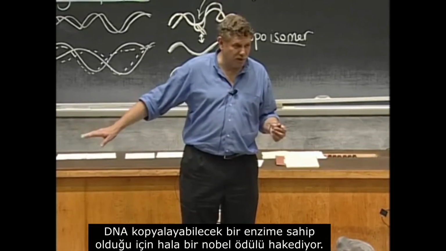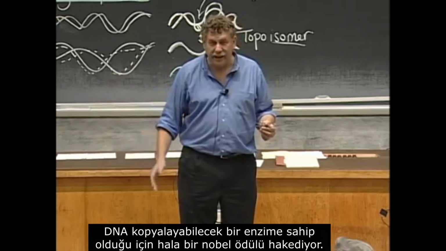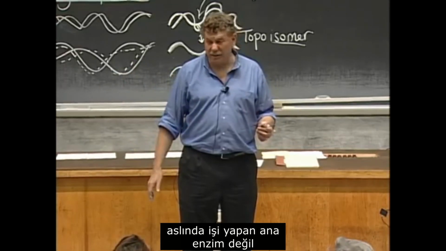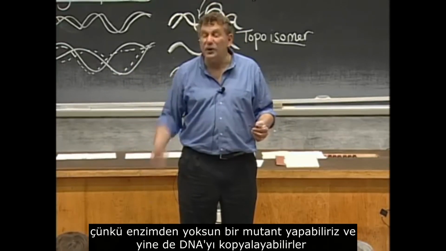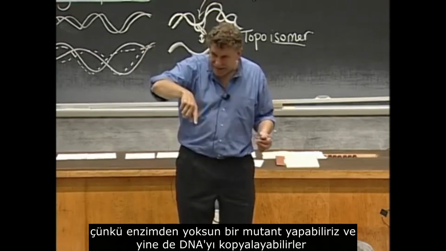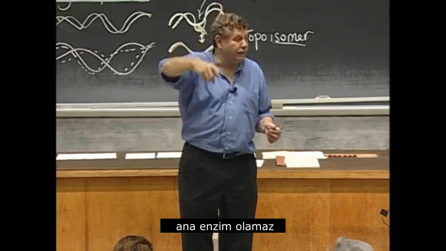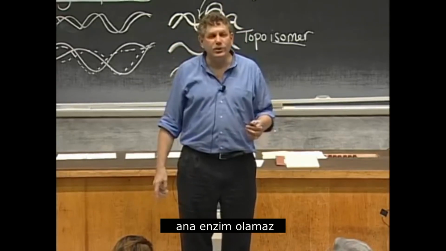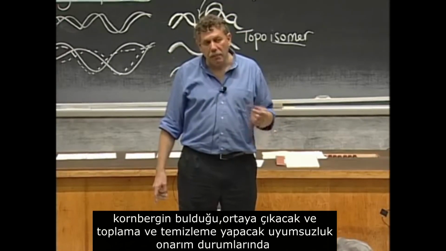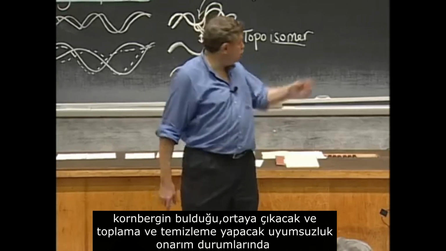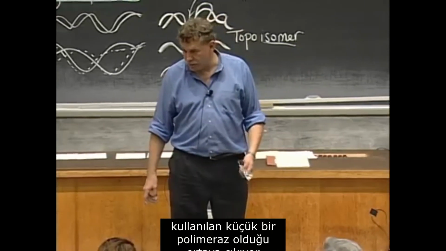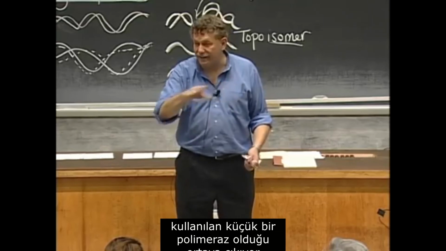He still deserves the Nobel Prize for it because he got an enzyme that could copy DNA. It's actually not the main enzyme that does the job. Because we can make a mutant that lacks that enzyme and it can still copy the DNA, it can't be the main enzyme. Turns out what Kornberg found was a minor polymerase that was used in those mismatch repair situations that would come along and do the tidying cleanup.